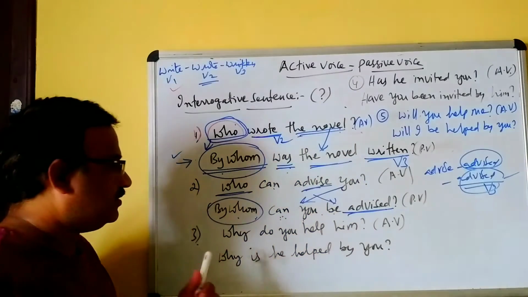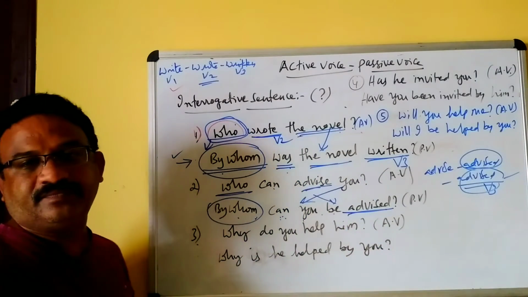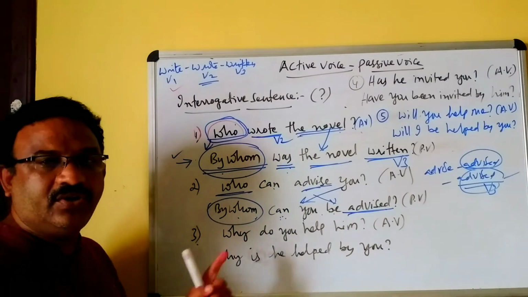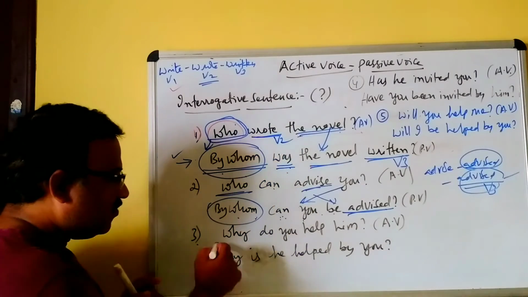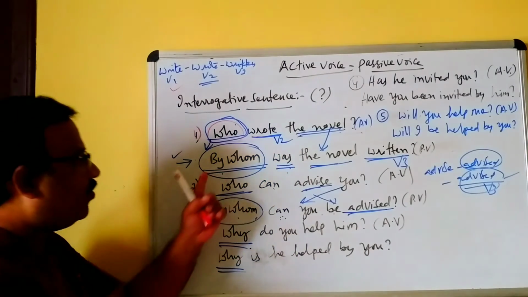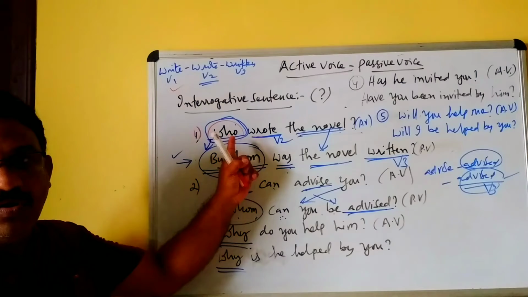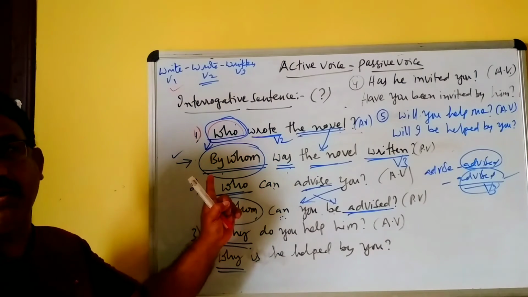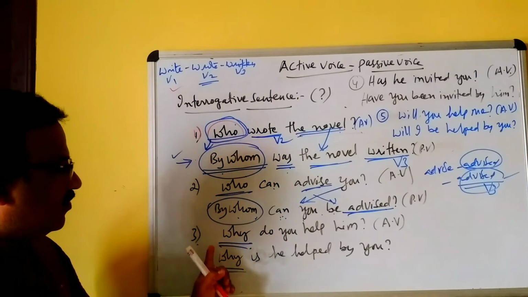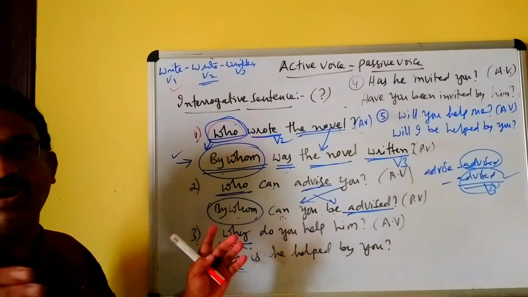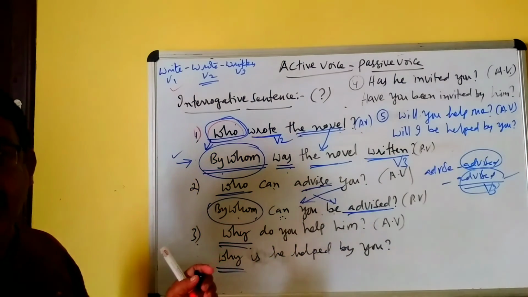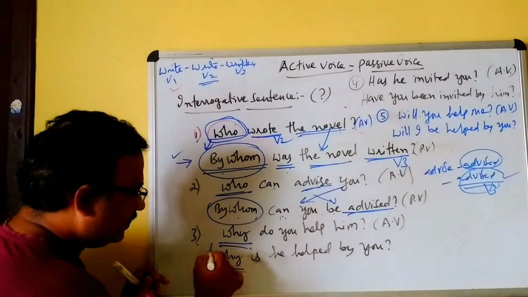And next, why do you help him? Why do you help him? This is also a direct question. Why: only for whom, who will become by whom. That's all. For the others, what, when, where, the direct questions will be arranged.